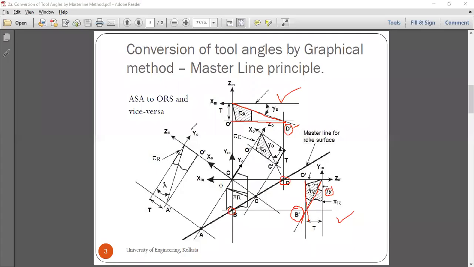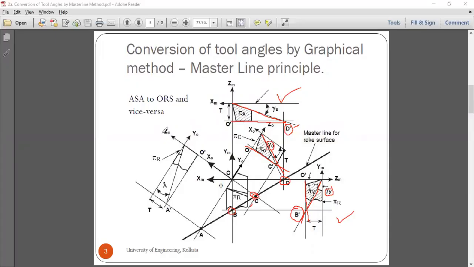Basically, if we draw the section of this pi O, that is the orthogonal rake angle, we extend this orthogonal rake surface so that it intersects with this baseline. So this is the line. If we project it perpendicularly, it will fall on this BD line.